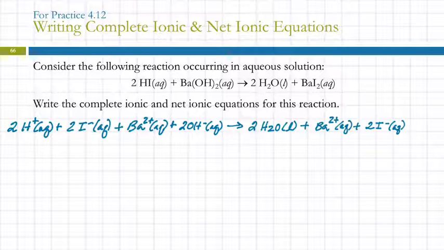Going from this to the net ionic equation is relatively simple. I'm going to look for things that didn't change. They're the same on both sides. So what's one ion that appears on both sides? The Ba2+. Yep, I've got Ba2+ on both sides, and I have 2 I- on both sides. So I cross those out.